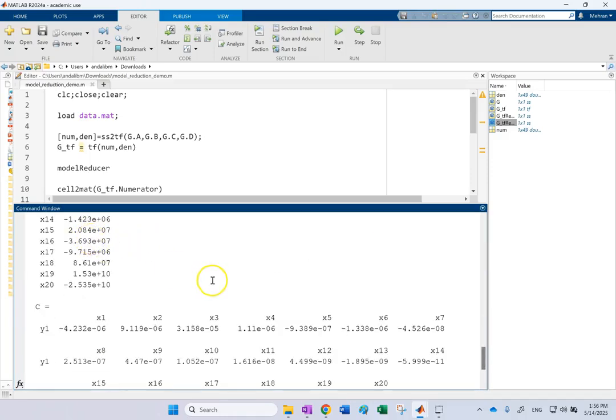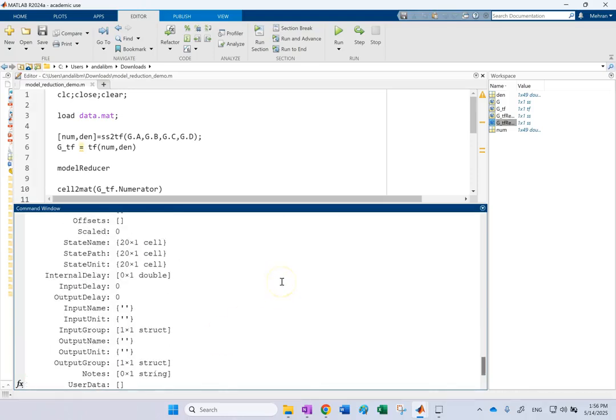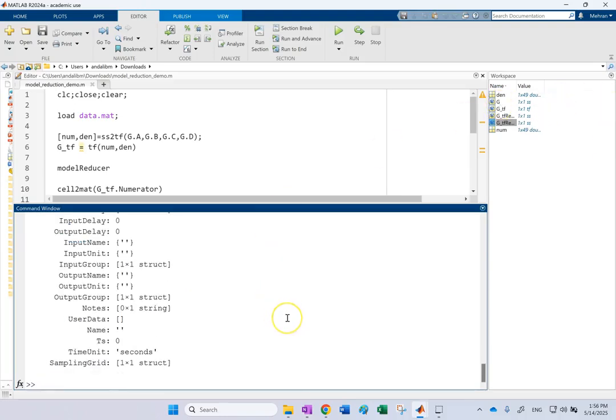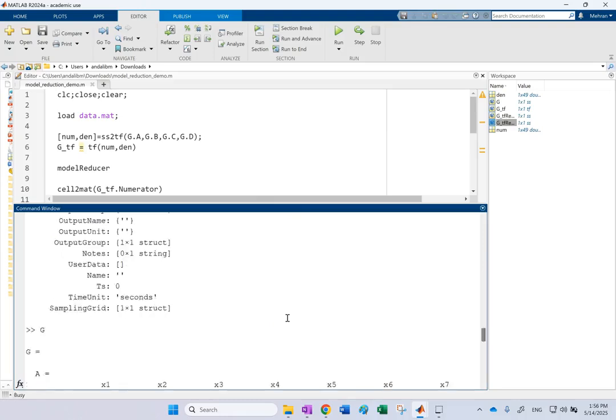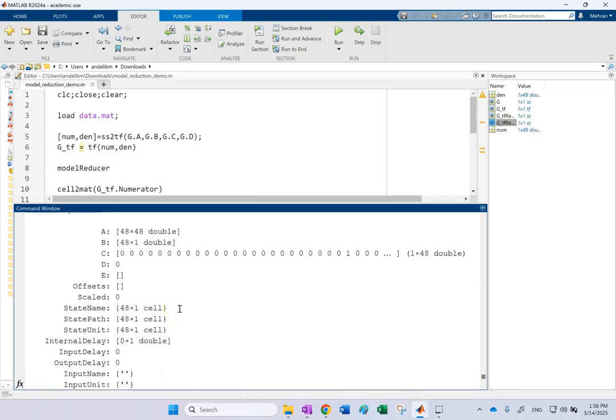My B is 20 by 1, C is 1 by 20, and D is basically 1 by 1. So you see, I reduced the order big time, while if I went for G, they were 48 by 48, correct?